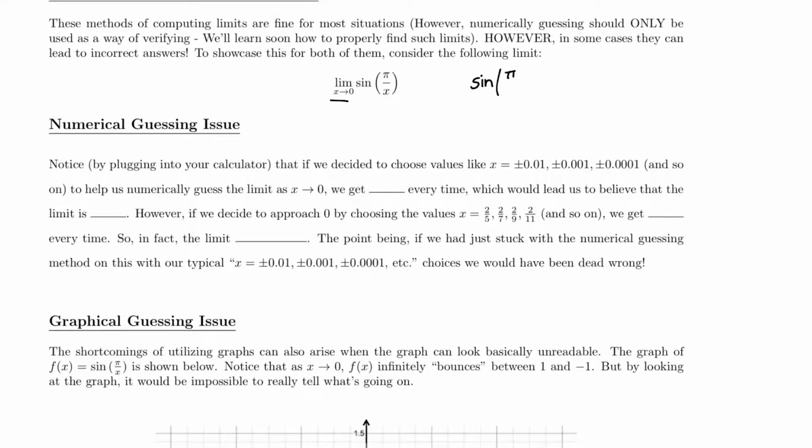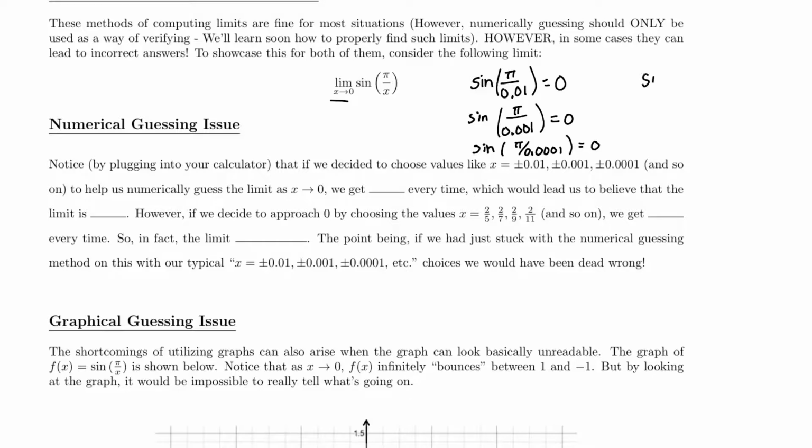So if you do sine of pi over 0.01, I get 0. And if you try getting closer to 0, 0.001, you get 0. If you try sine of pi over 0.0001, you'll get 0. Which would make you think that coming from the right, from above, you're going to go to 0.